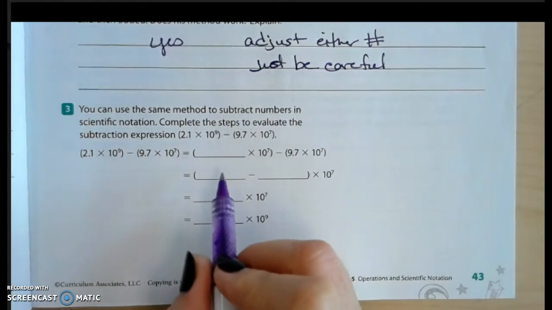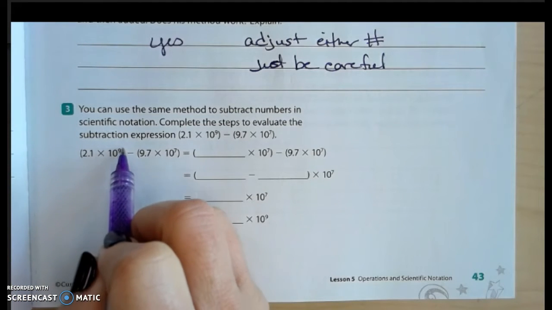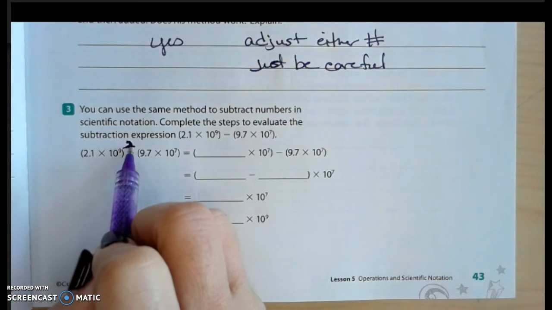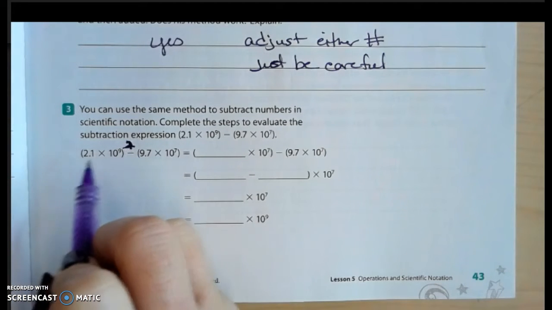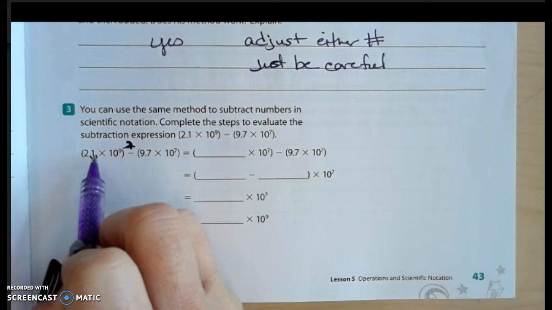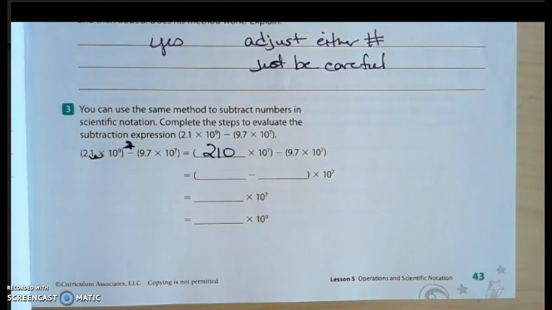You're going to want to make the 9 go down 2 to a 7. We decrease the exponent by 2. We increase the constant by 2. So it would be 210 times 10 to the 7th minus 9.7 times 10 to the 7th.